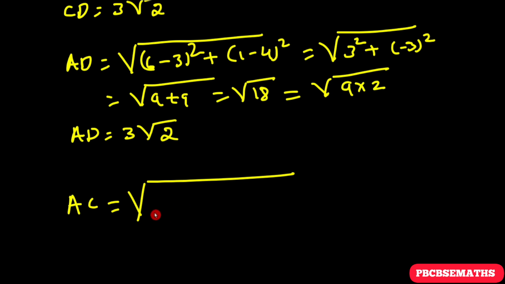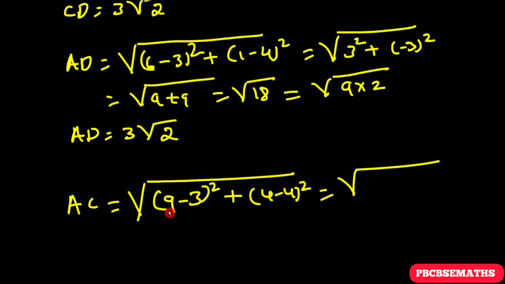So x2, that is 9, minus x1, that is 3, whole square plus y2, that is 4, minus y1, that is 4, whole square, which is equal to square root of (9 minus 3, that is 6) square plus (4 minus 4, which gives us 0) square.